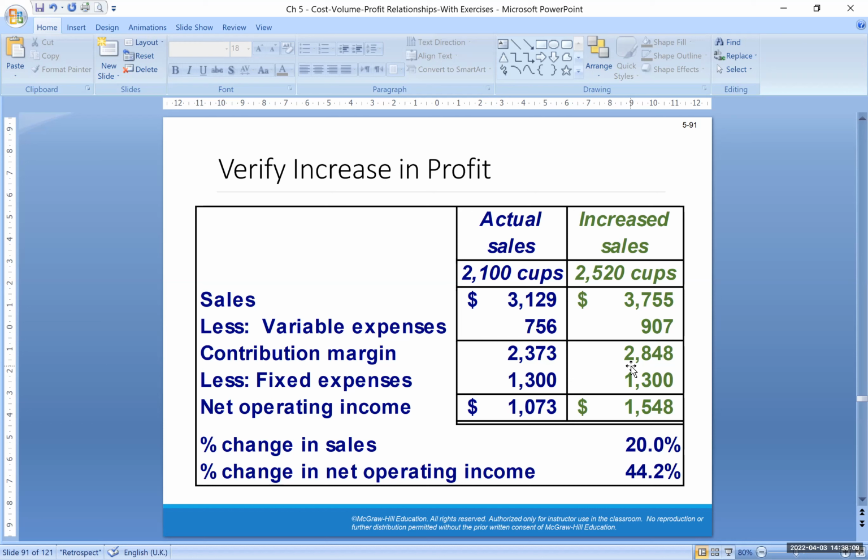The variable cost: 2,520 times 0.36 equals 907.2, rounded to $907. The contribution margin for the new situation will be 2,848, which is the difference between these two numbers, 3,755 minus 907.